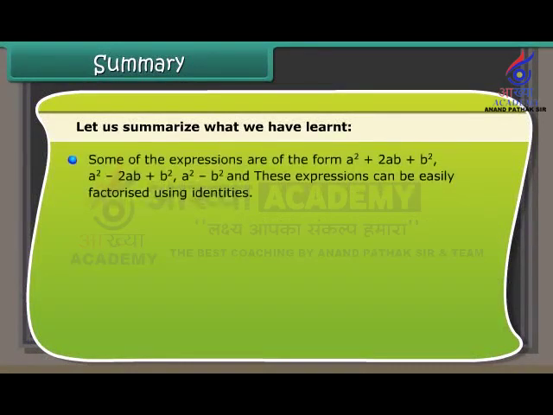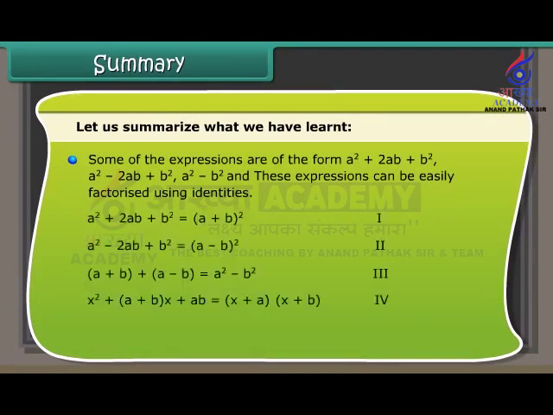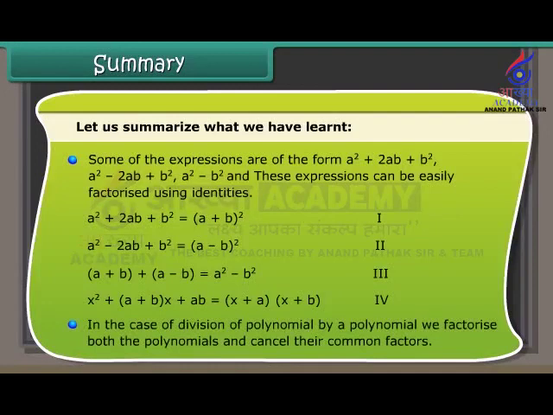Some of the expressions are of the form a square plus 2ab plus b square, a square minus 2ab plus b square, a square minus b square, and these expressions can be easily factorized using identities. In case of division of polynomial by a polynomial, we factorize both the polynomials and cancel their common factors.